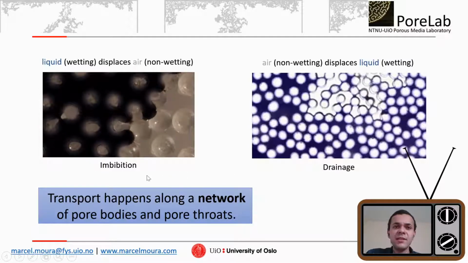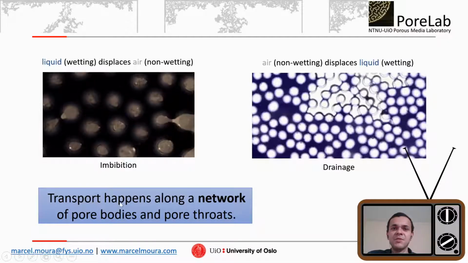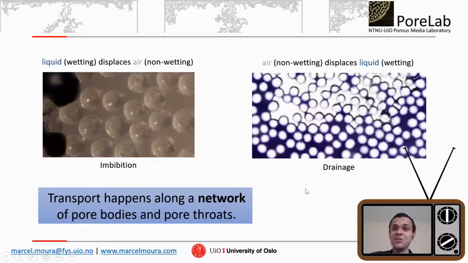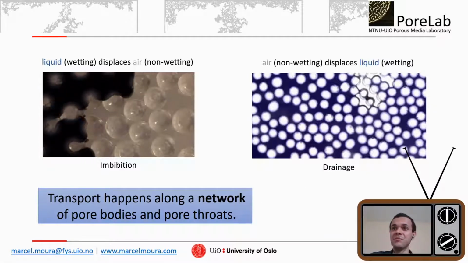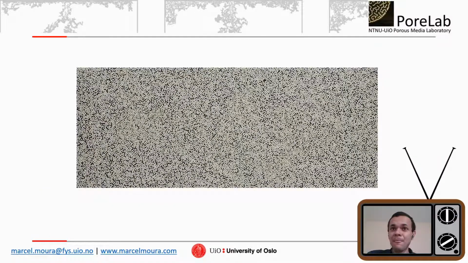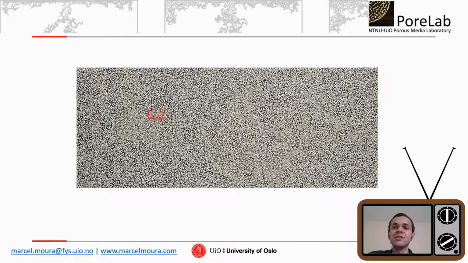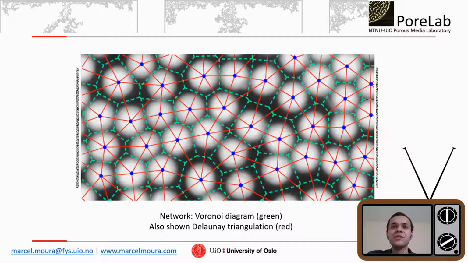Okay, so we can come up with this very general and somewhat useless sentence here, that transport happens along a network of pore bodies and pore throats. I mean, this is pretty general. We know that very well in porous media science. And this network, there are several ways to extract it and to define it. I'm just zooming in on that square there. One way to extract the network of pore throats and pore bodies is to show this Delaunay triangulation.